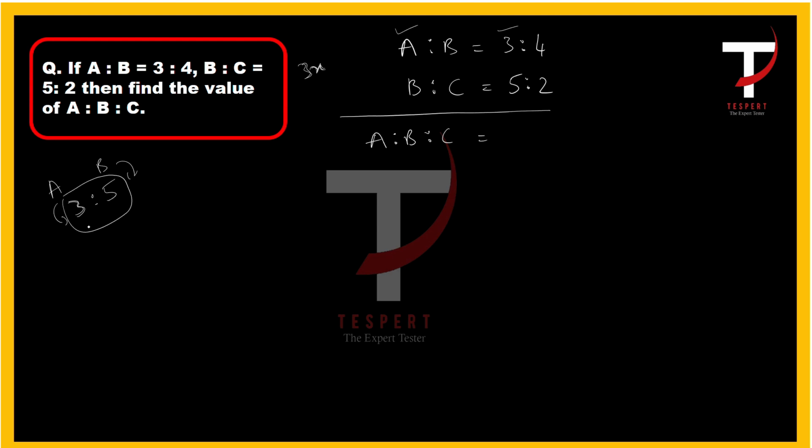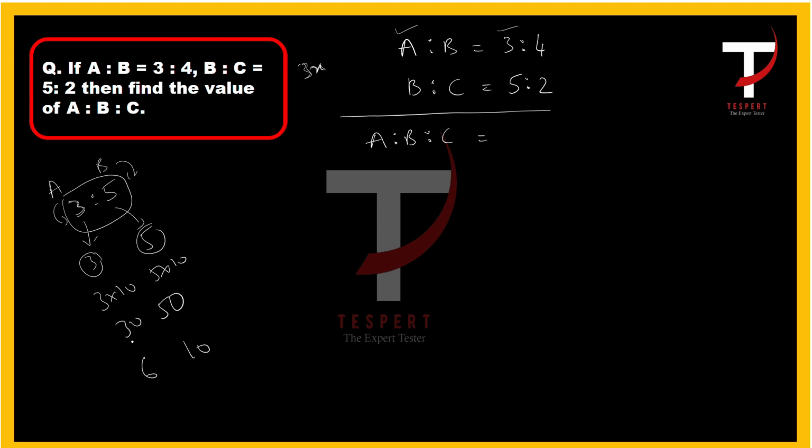That means how many chocolates do you have? It doesn't mean that your friend has 3 chocolates and you have 5 chocolates. It doesn't mean like this, right? It can be 3 into 10 and 5 into 10, which is 30 and 50, or it can also be 6 and 10.